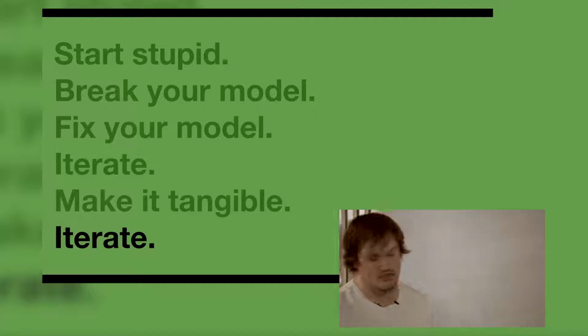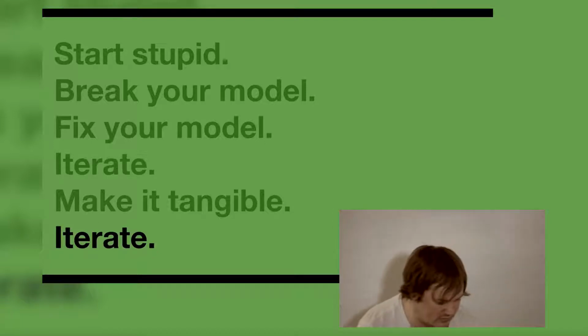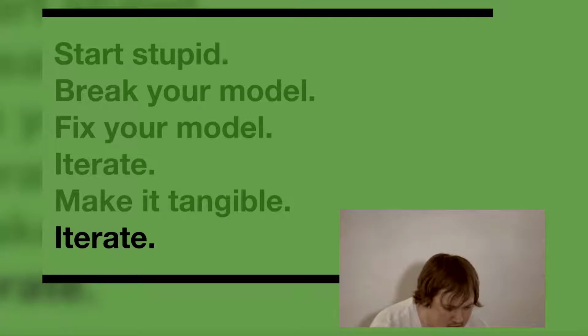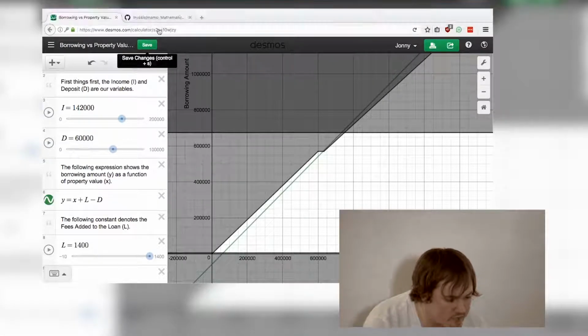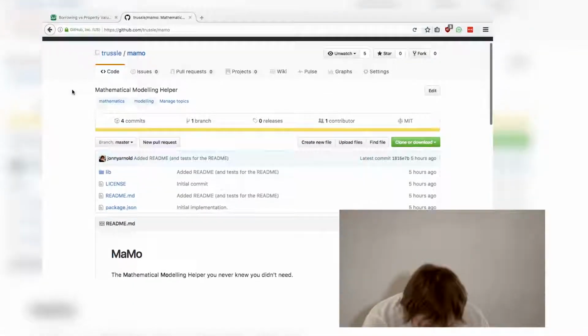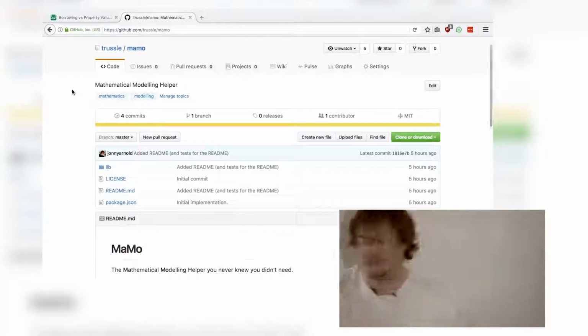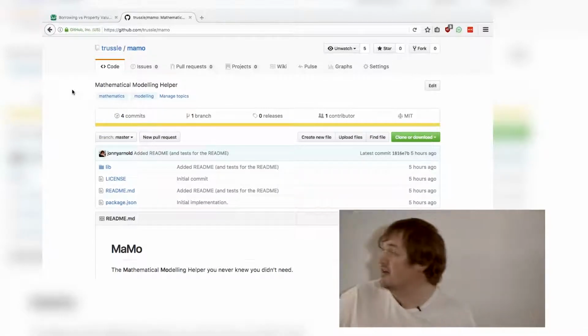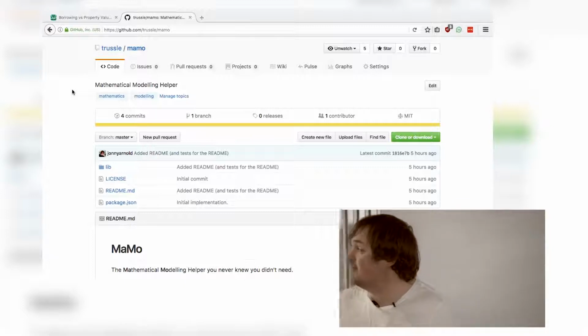One of the things that I did recently, another demo, yay, and by recently I mean 5 hours ago, is put together something called Mamo. I'm surprised I got a 4-letter NPM package as well.